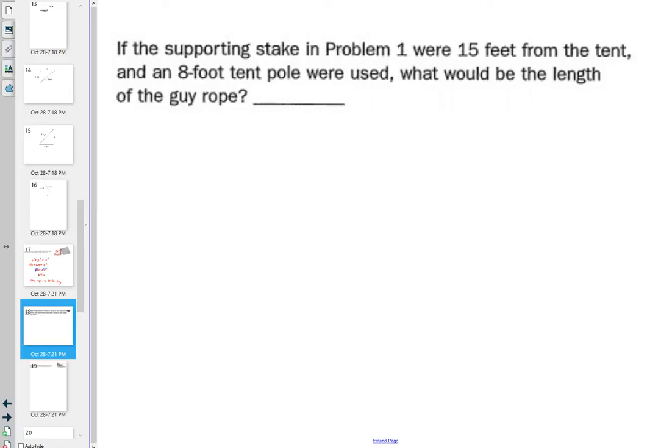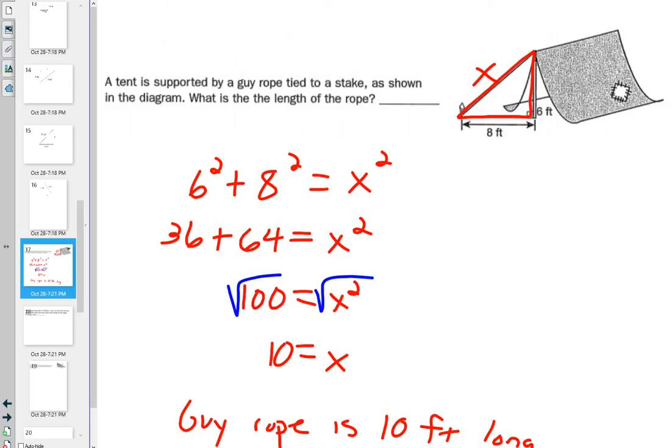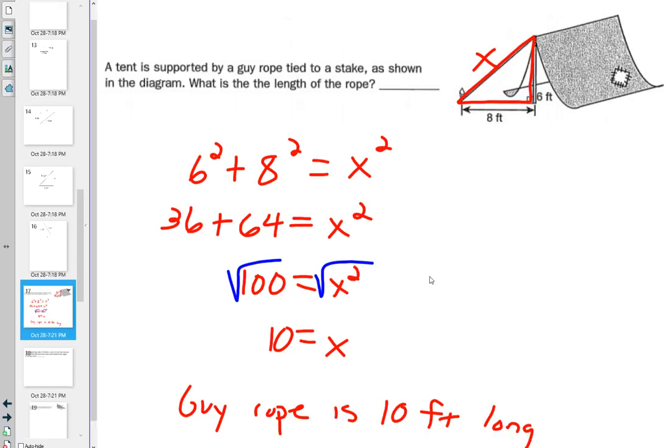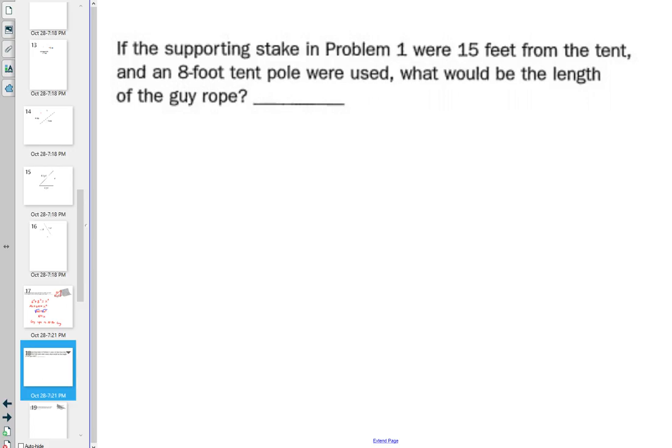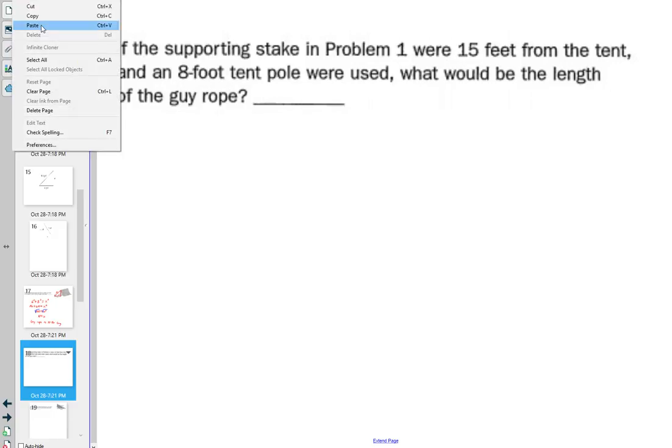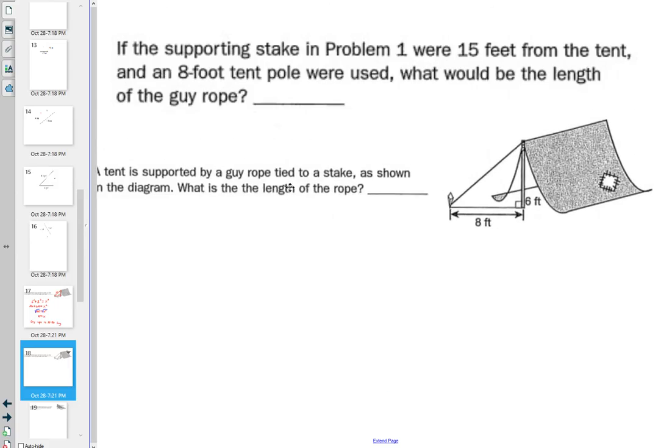If the supporting stake in problem 1 were 15 feet from the tent and an 8-foot tent pole, what would be the length of the guy rope? So now what they're saying is if we go back over here, let me actually copy and paste this picture. With this same picture that's here, if we were to change this to 15 and then this to 8, just to save us some time here, because we'll still do more examples.